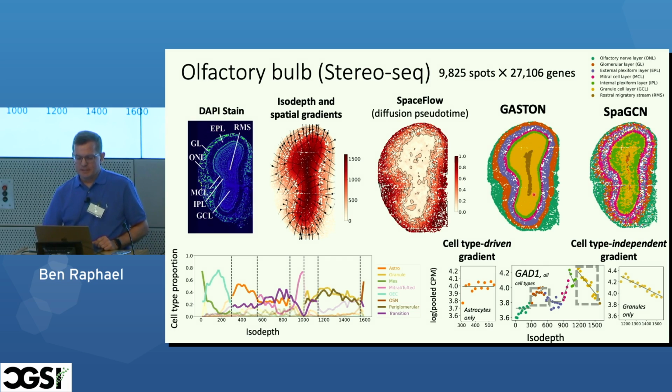Here's GASTON. It gets all the layers quite well, including the center layer where there are stem cells, seemingly better than the graph convolutional neural network. Again, we can look at cell types and individual genes as a function of this isodepth and see gradients of expression as you go between the layers of the olfactory bulb.